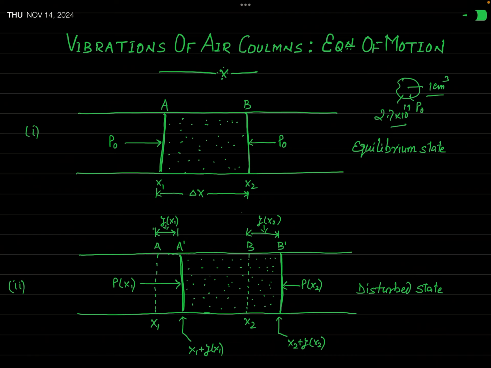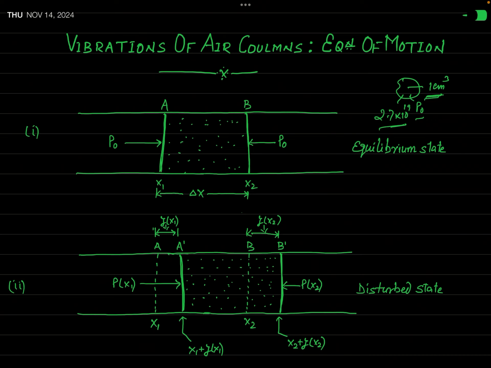So only the 1 centimeter cube volume of air or a gas at normal atmospheric pressure contains this much large number of molecules. You can see the number of molecules is enormously large, and this large number of molecules is contained only in 1 centimeter cube volume.